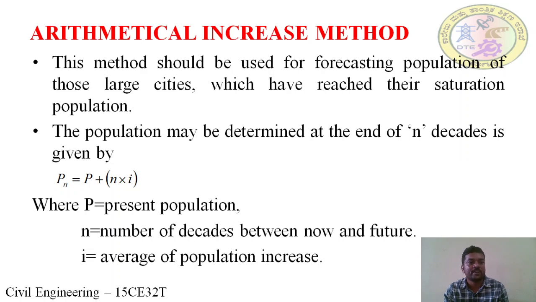The population for the required decade is found by the following expression: Pn is equal to P plus n into I, where Pn is the population of the required year, P is the present population, n is the number of decades between present and future, and I is the constant, that is, the average population increase per decade.